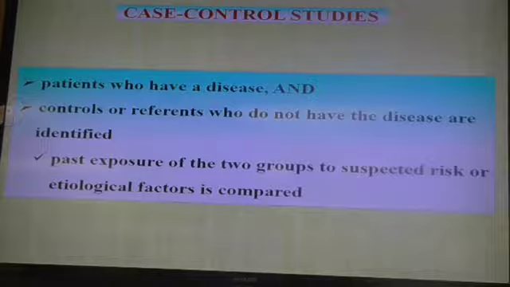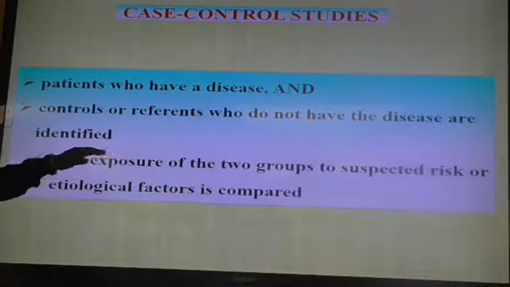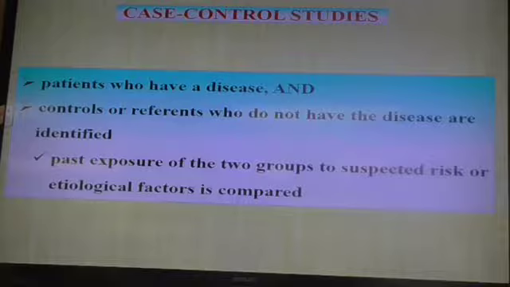So the third type of observational study that is commonly used is the case control study. In case control, we say patients who have a disease and another group of controls which do not have the disease are identified.